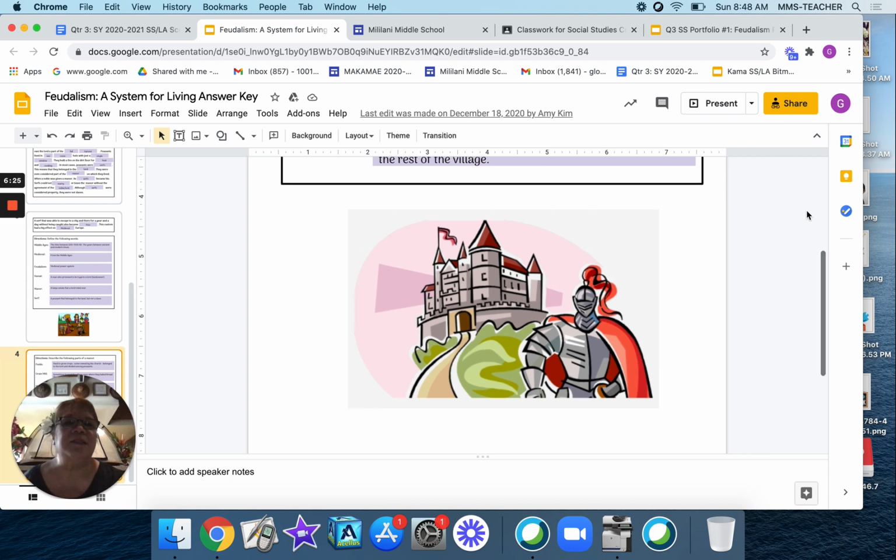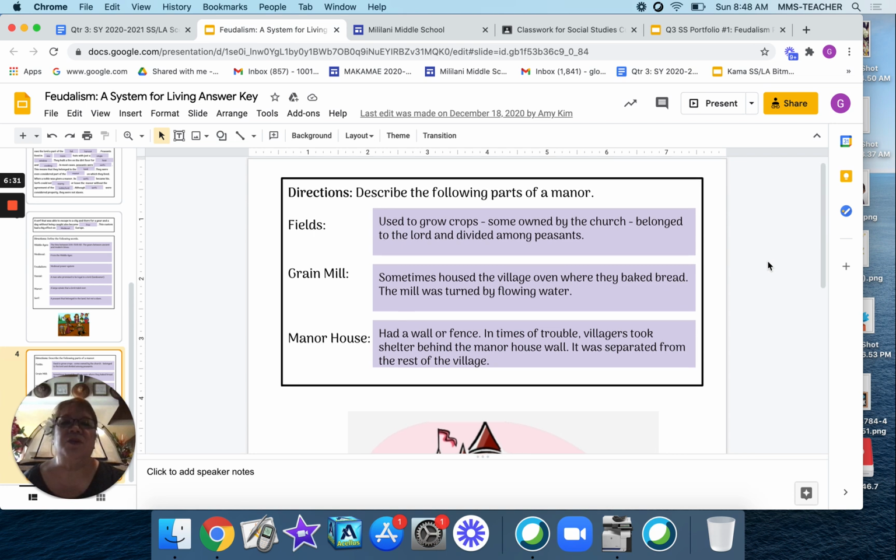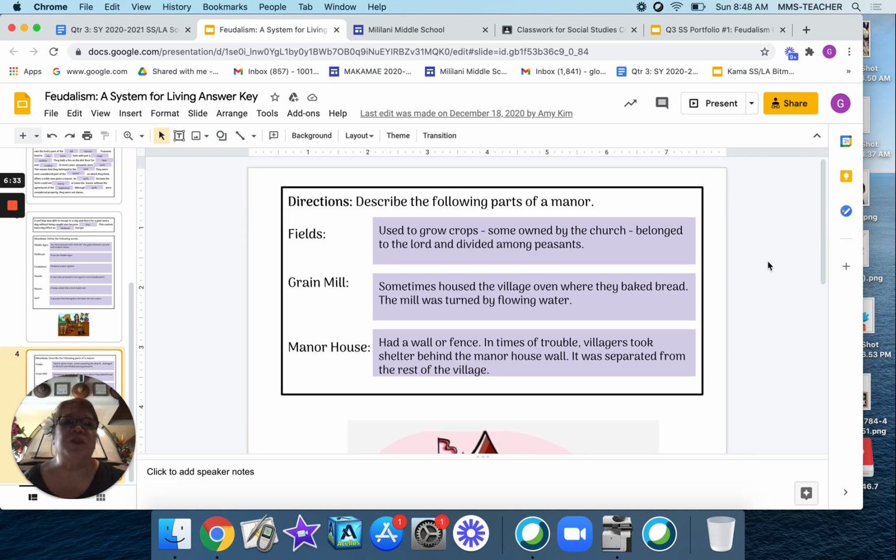Okay, on the last slide, that was your homework. Fields. Used to grow crops, some owned by the church, belong to the lord, and divided among peasants. Grain mill.